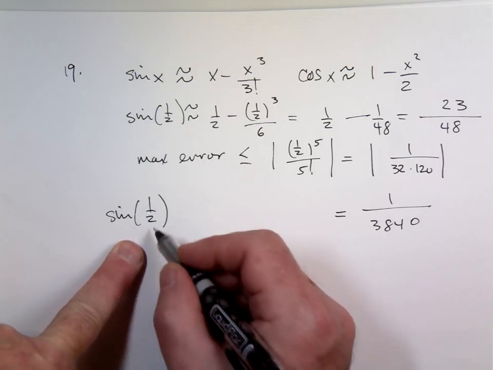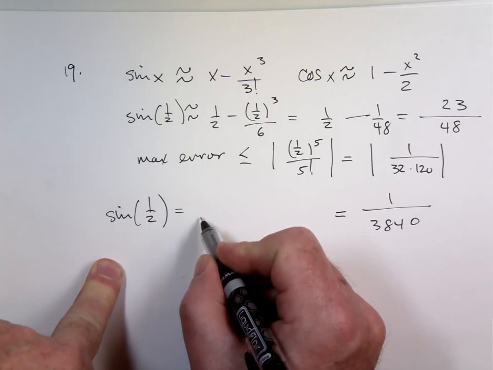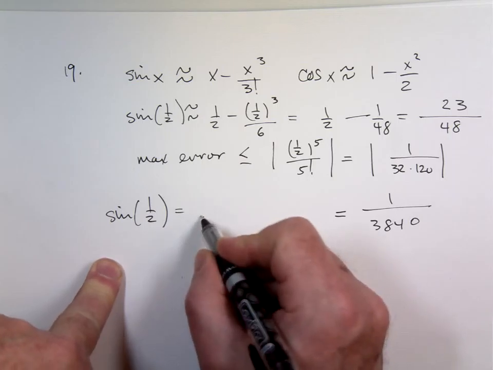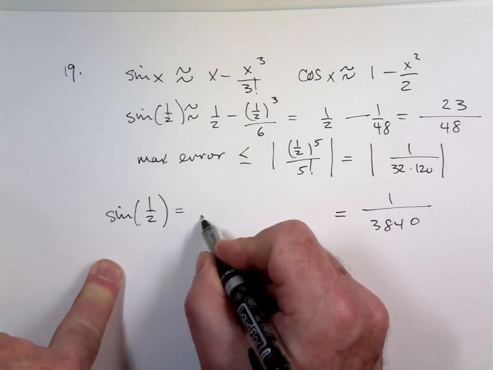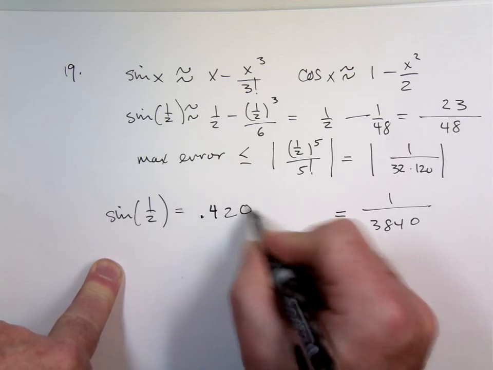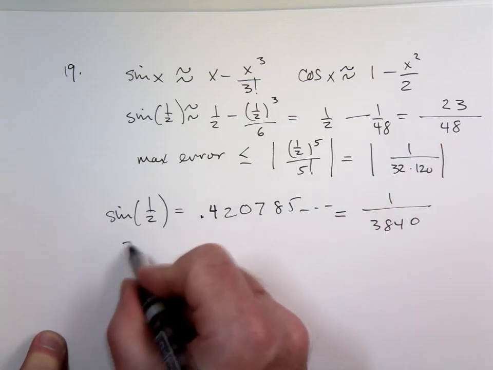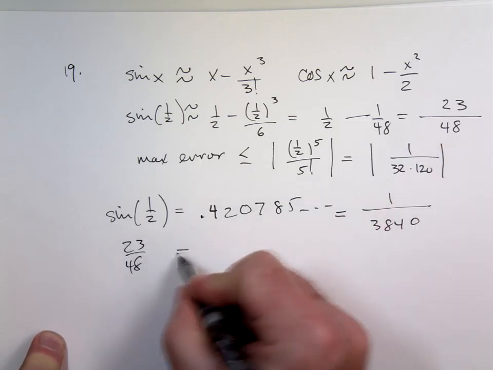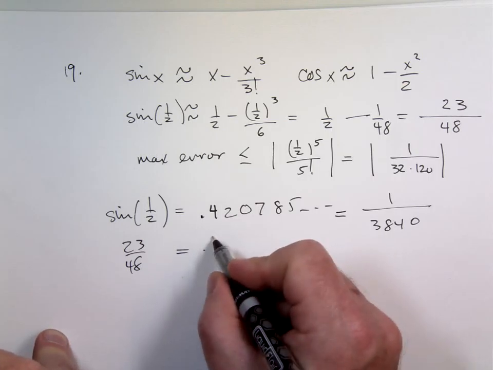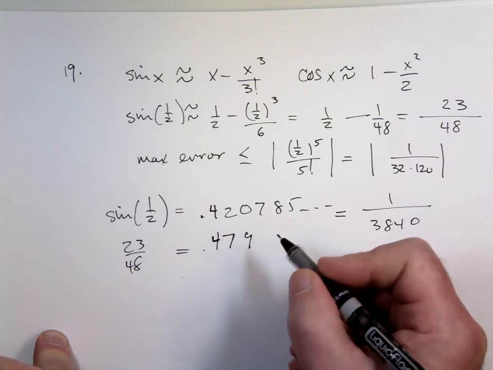What do you got? 0.4794, and the approximation 23/48 is 0.47916.